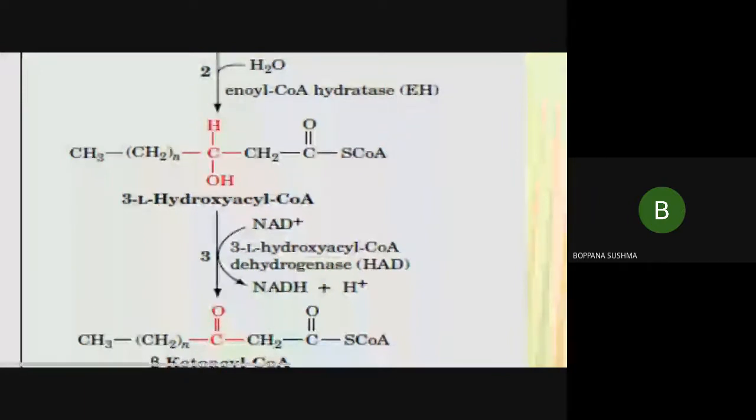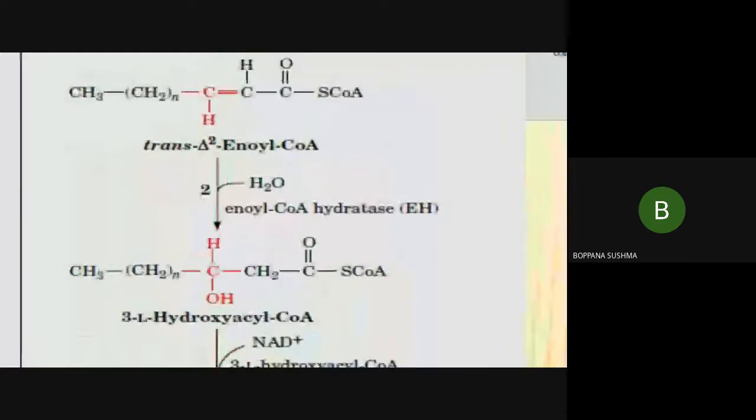So this is the second step, the hydration step. In hydration, what happened? Trans delta 2 acyl CoA undergoes the hydration reaction. Hydration means addition of water molecule in the form of H plus and OH minus.